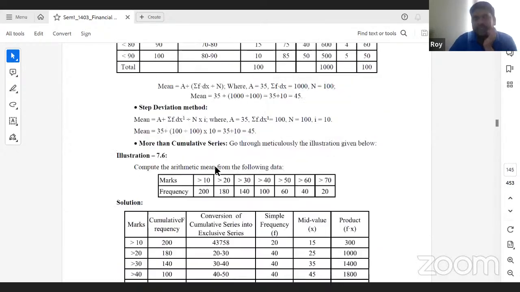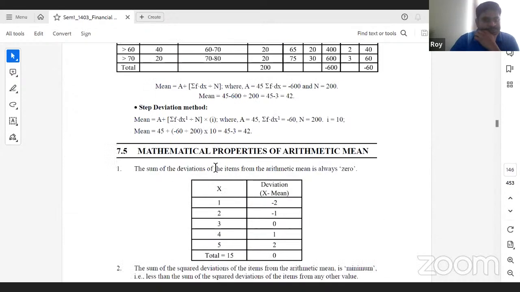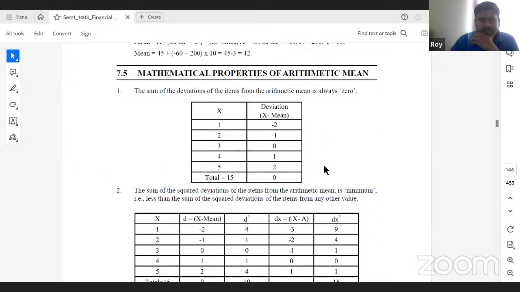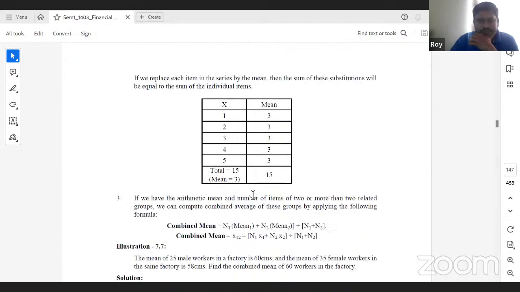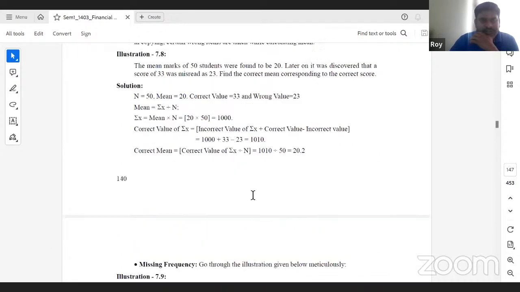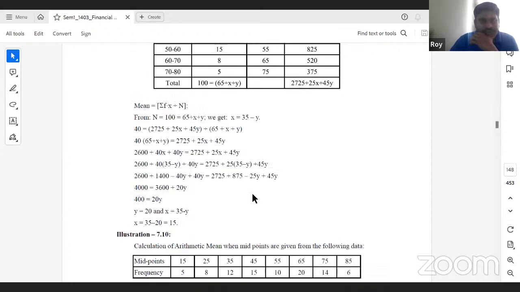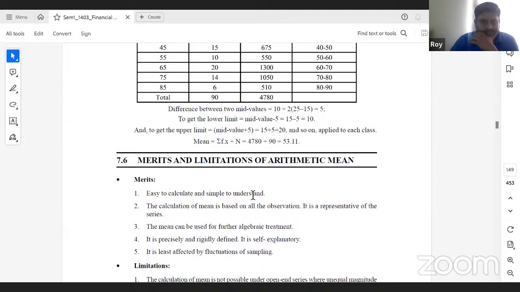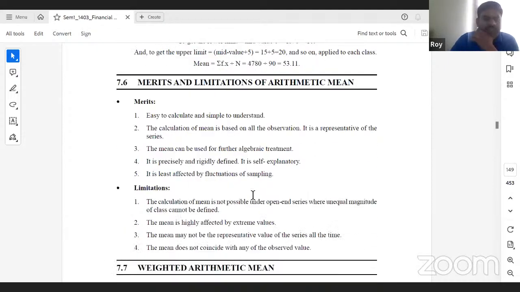And after that, I think we entered into the median part, right? Properties of the median, arithmetic mean. We have seen a few things in that. Yes, merits and limitations of the arithmetic mean are there.